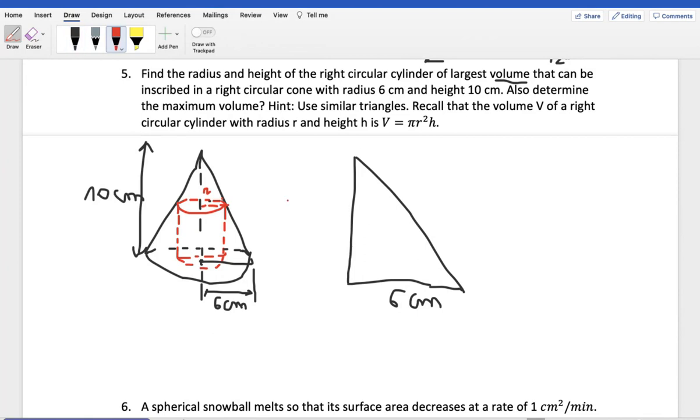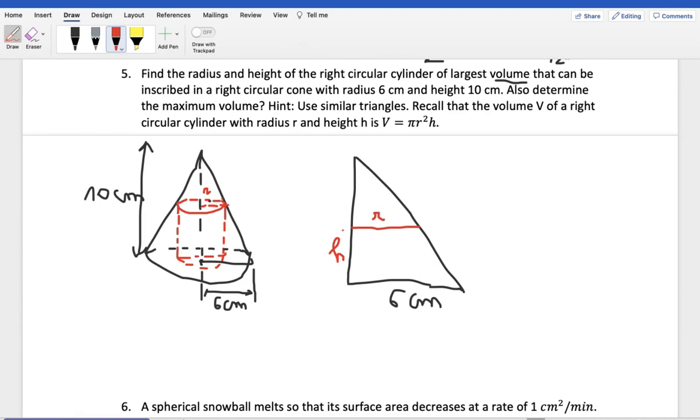Then you would have the inside cylinder somewhere here with a radius of R, and the height of the cylinder that we don't know is equal to h, right?